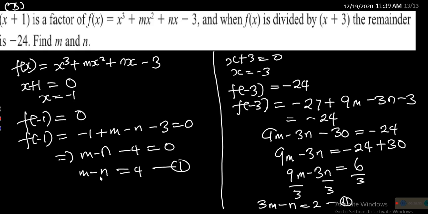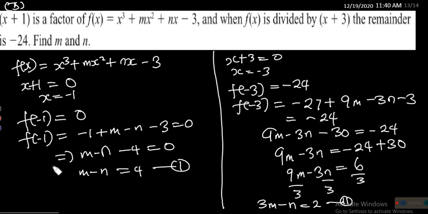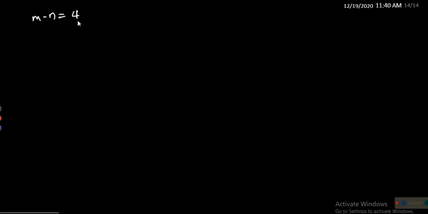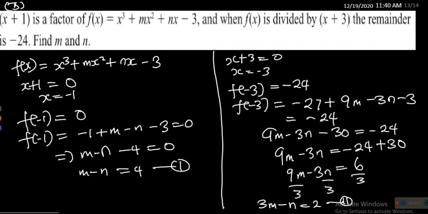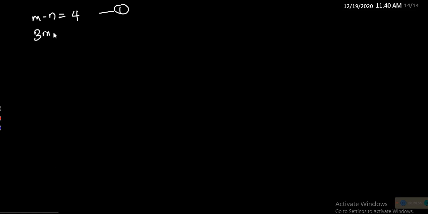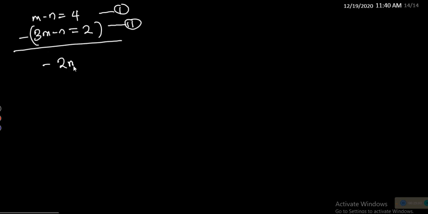So we can solve equations 1 and 2 simultaneously to find m and n. The first equation says m minus n equals 4, equation 1. The second equation says 3m minus n equals 2. So we can subtract equation 1 from equation 2 to have 2m equals minus 2.